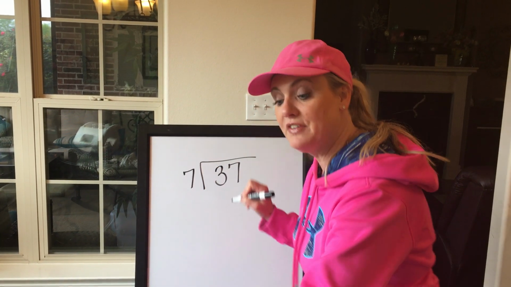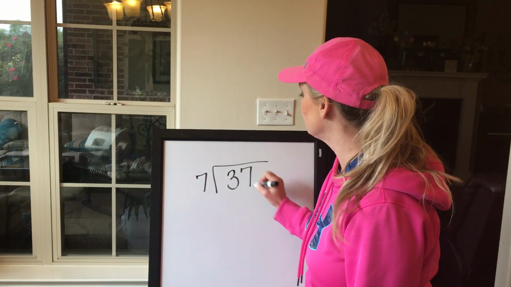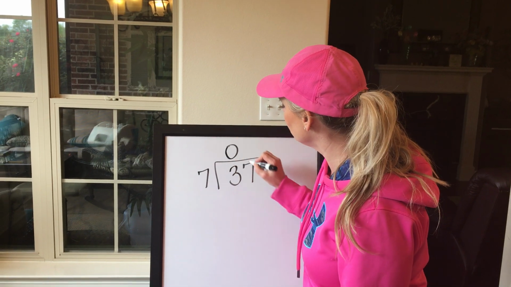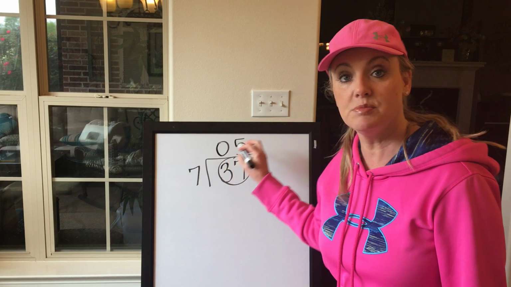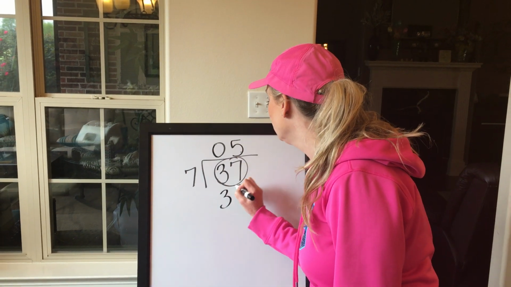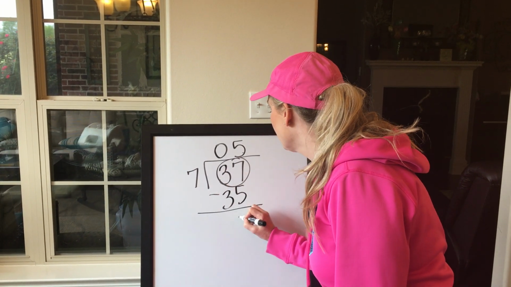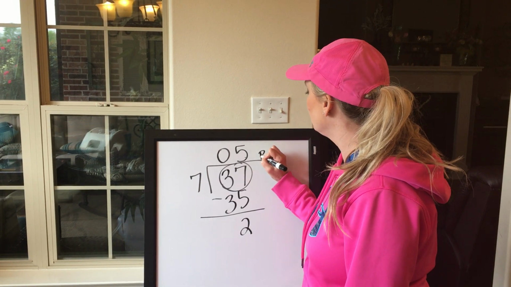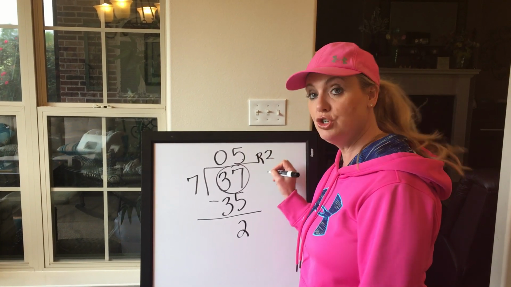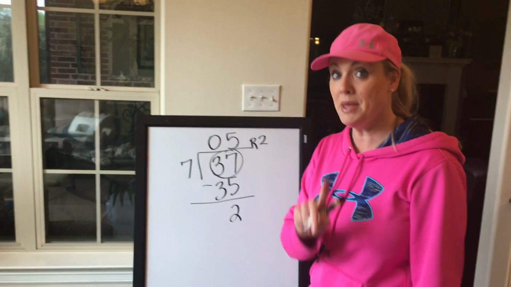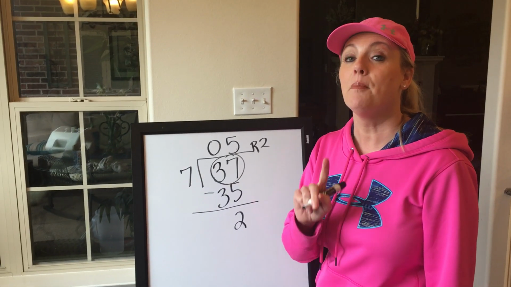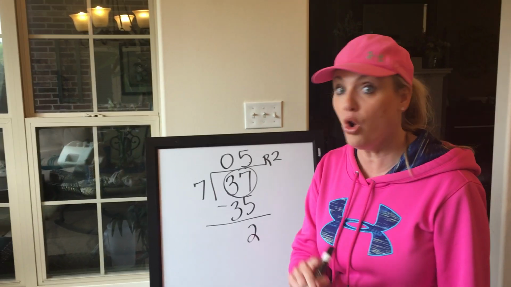So if 7 can fit safely inside the box, 7 cannot go into 3, but it can go into 37 5 times. 5 times 7 is 35. Subtract, you get a remainder of 2. So there'll be 2 games not in the boxes. And remember, he said, Mom, make sure all.